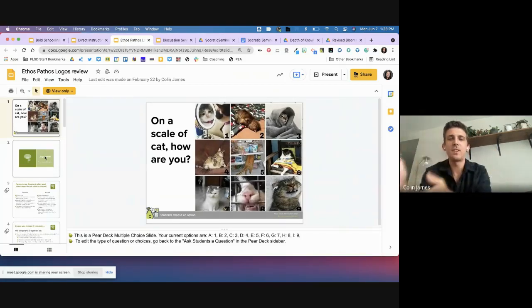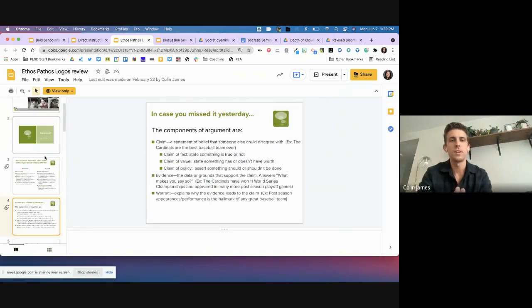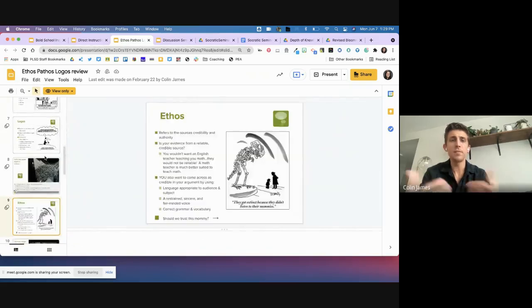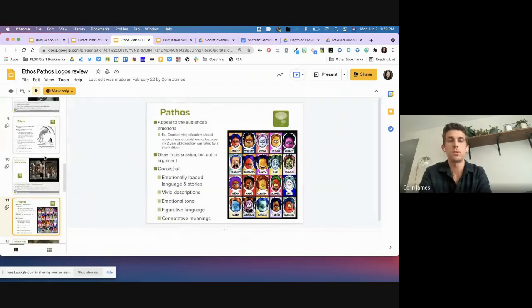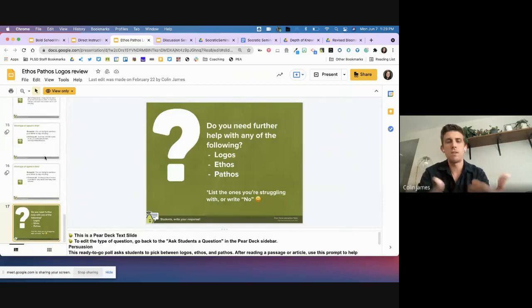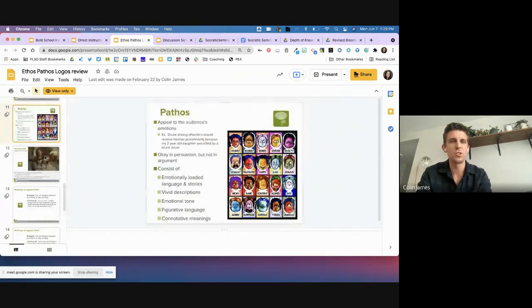This kind of started out as a lecture with just establishing that foundation of defining logos, ethos, and pathos. But I found this to be probably the most effective Pear Deck I did all year, because during that sharing of these three terms and the information, the students were really struggling.